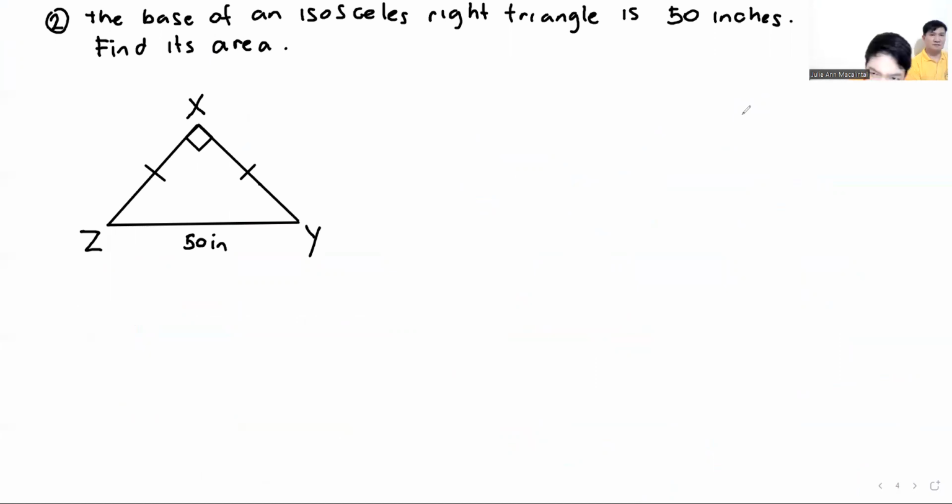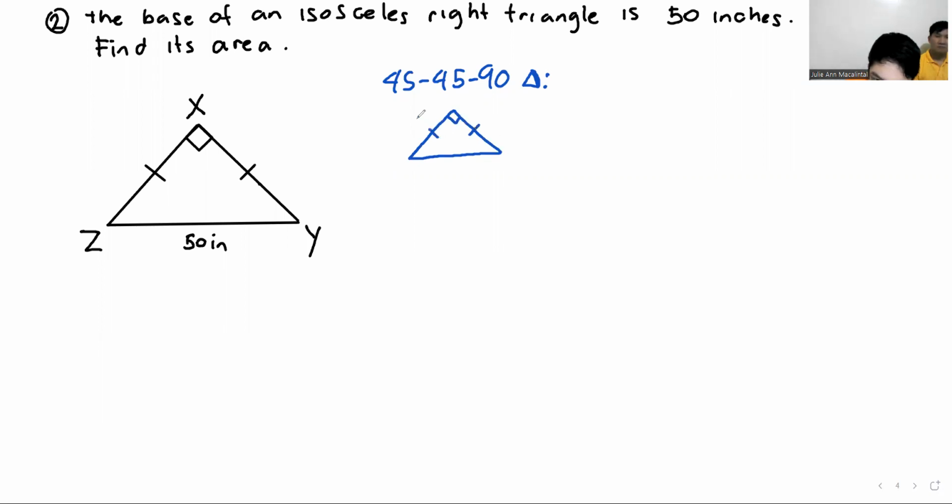So an isosceles right triangle is also a 45, 45, 90 triangle. Let this be 1, or maybe we'll use x as a variable.